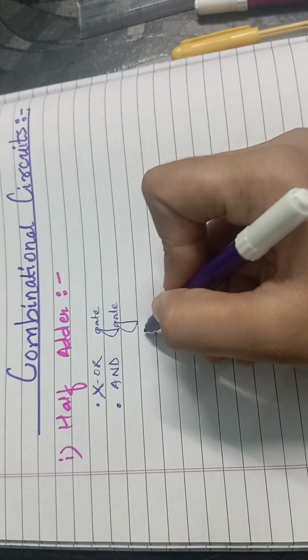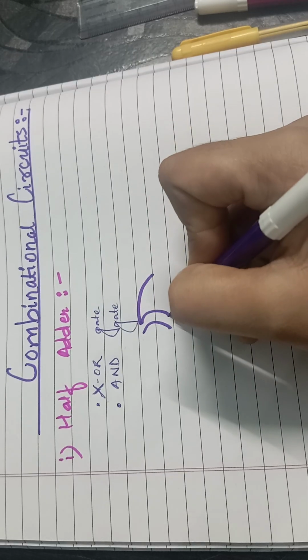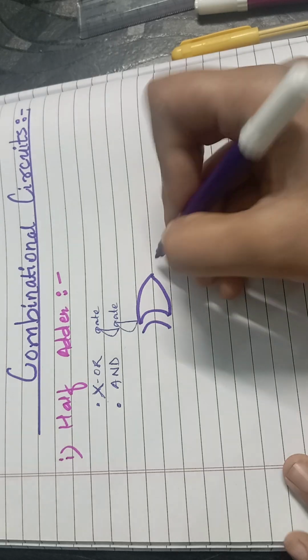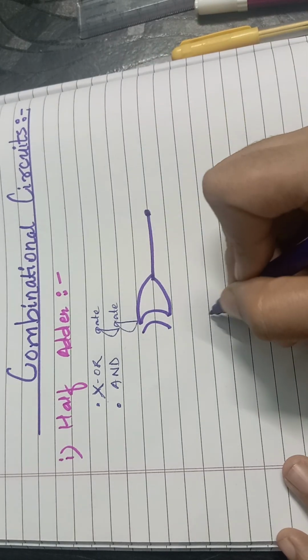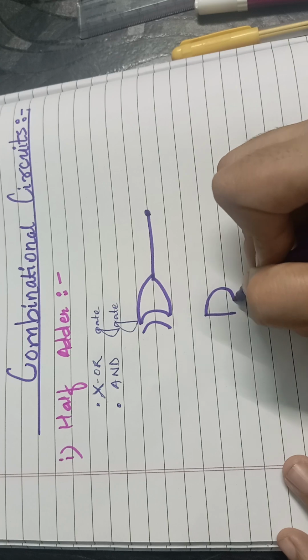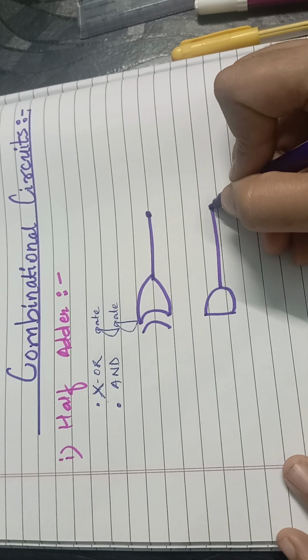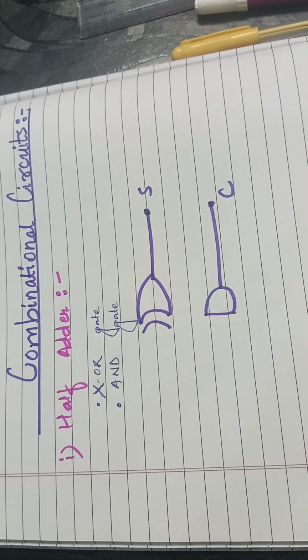So here XOR is needed. Let us first make the XOR. This is our XOR. And the next one, we need one AND gate. This will be our carry, and this will be our sum.